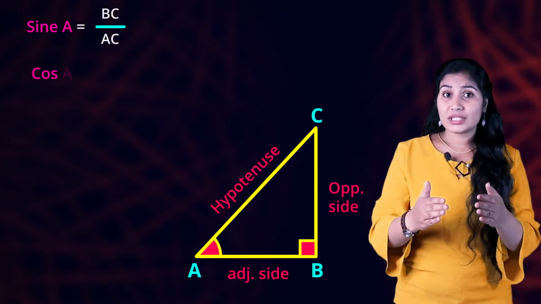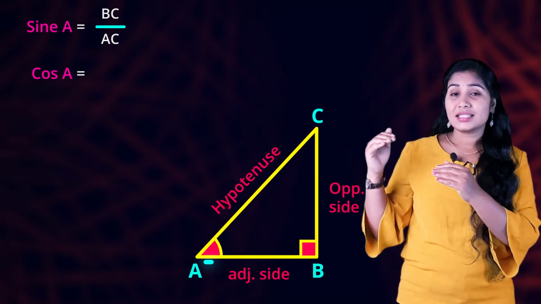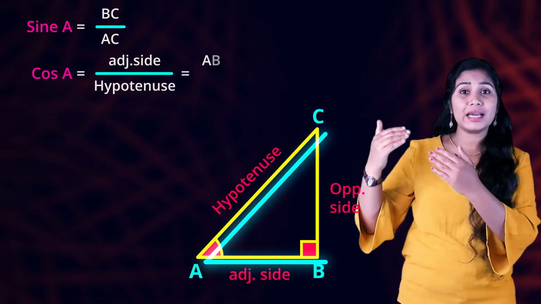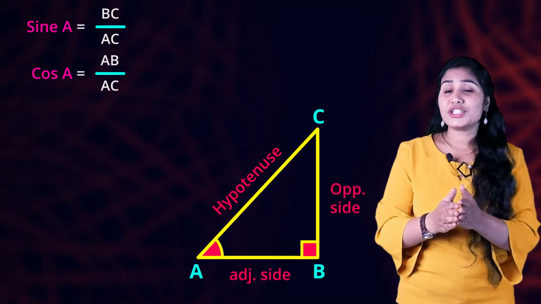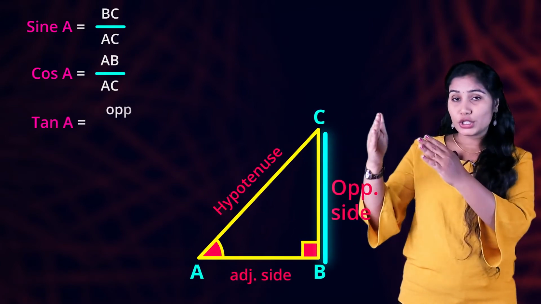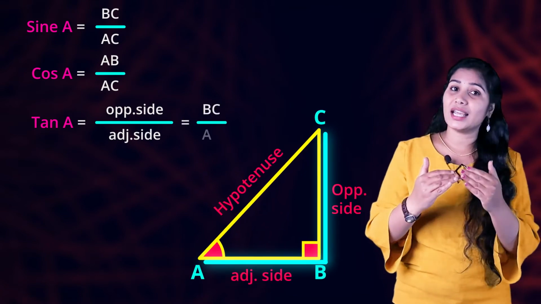Now go with cos A, that is also called cosine A. So cosine A is defined as the side adjacent to angle A by hypotenuse, that is AB by AC. Now tangent A. So tan A is defined as the side opposite to angle A by the side adjacent to angle A. This is nothing but BC by AB.